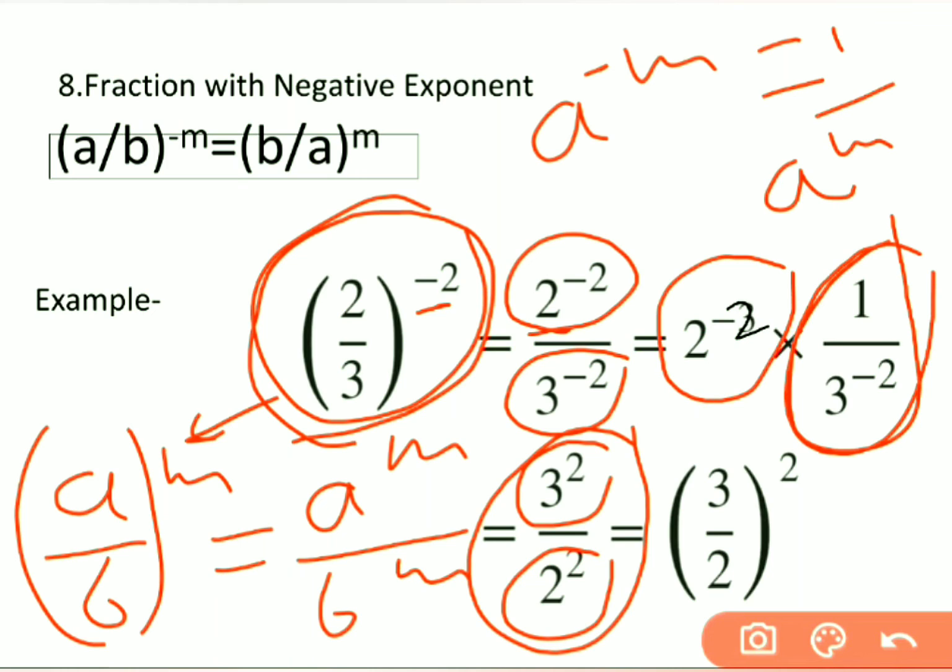And again applying this law of exponent, the final value comes out to be 3 upon 2 raised to the whole power 2.